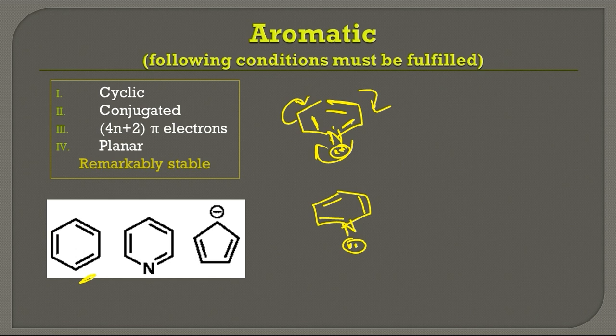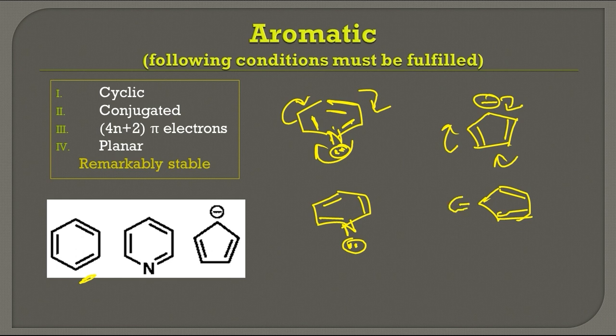So all the conditions are fulfilled: cyclic, conjugation, 6 pi electrons, and it is planar. And what about the next one? There are 2 pi bonds, but there is a negative charge. Now this negative charge, unlike the previous case, is part of conjugation. So I can draw the picture now. The double bonds are here, the negative charge is here.